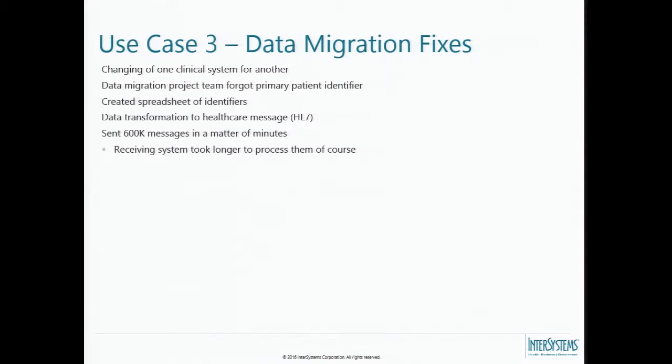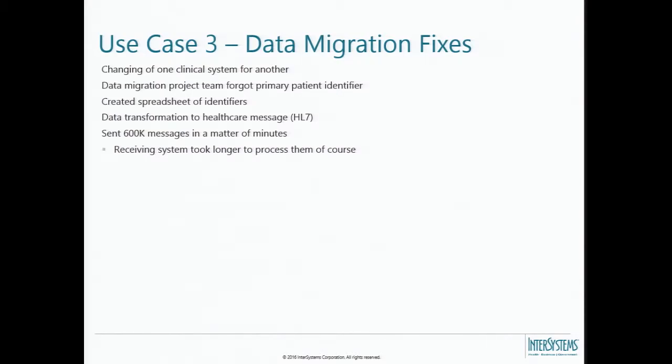And then my favorite use case was a data migration fix. This was not a planned implementation of the RecordMapper. The implementation specialist at the hospital asked if we could possibly do it, completely by accident.